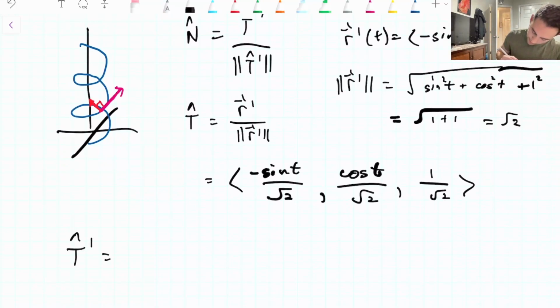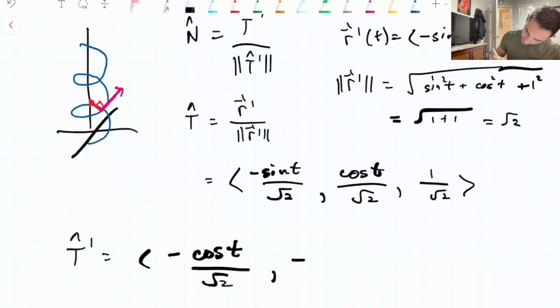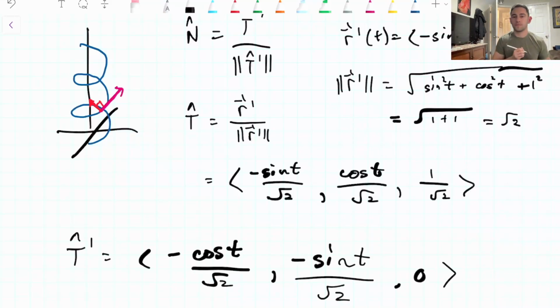T hat prime will look to be minus cos t over root 2, minus sine t over root 2, comma 0.